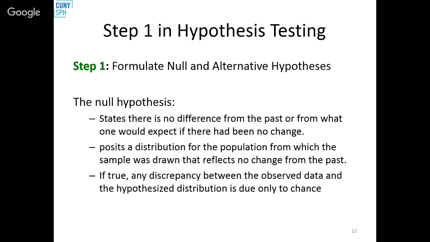So that's the key concept, I would say, of hypothesis testing. You assume that the null hypothesis is true and then calculate the probability of your observation under that assumption.